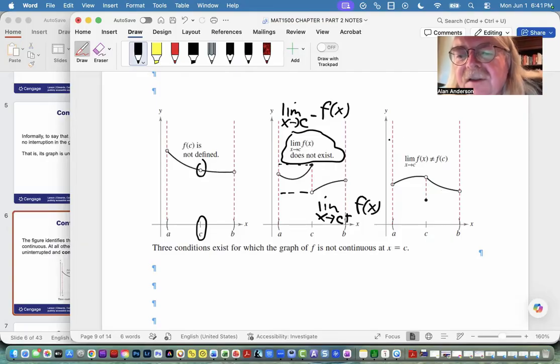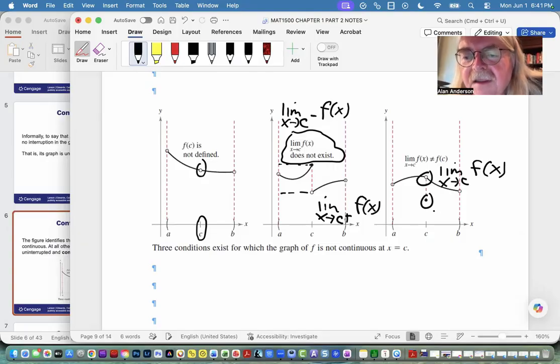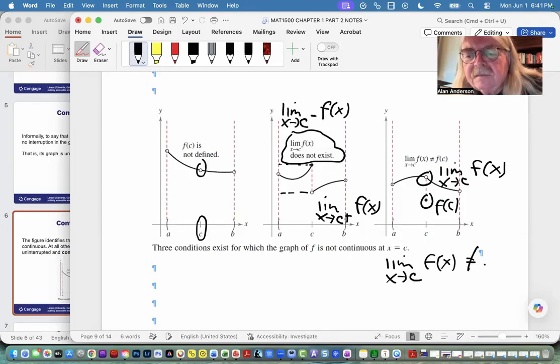So the limit does exist, and it equals this point. But this is f of c, and they're not equal to each other. And again, that's enough to conclude that the function is not continuous over this interval.